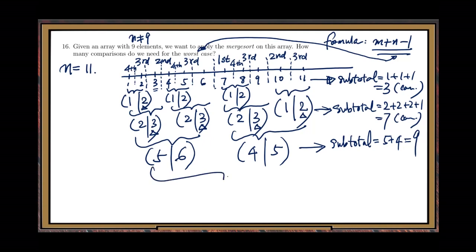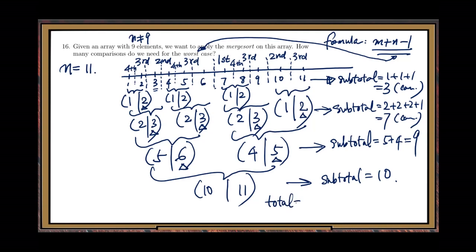The final round: work on 6 and 5, n plus n is 11, 11 minus 1 is 10, so 10 vertical bar 11. The subtotal is 10. Then we calculate the total. At the end, the total number is 3 plus 7 plus 9 plus 10 equals 29 comparisons.